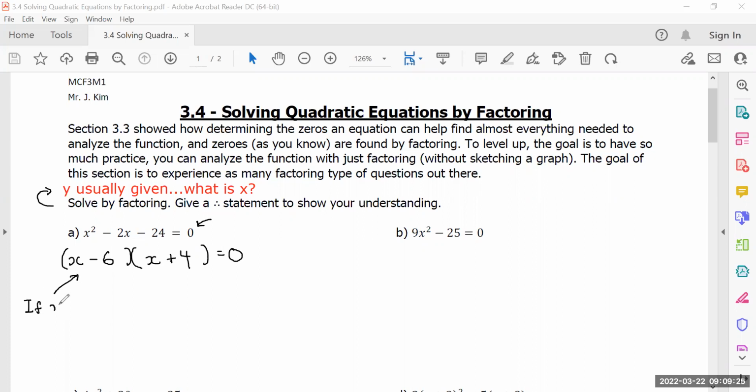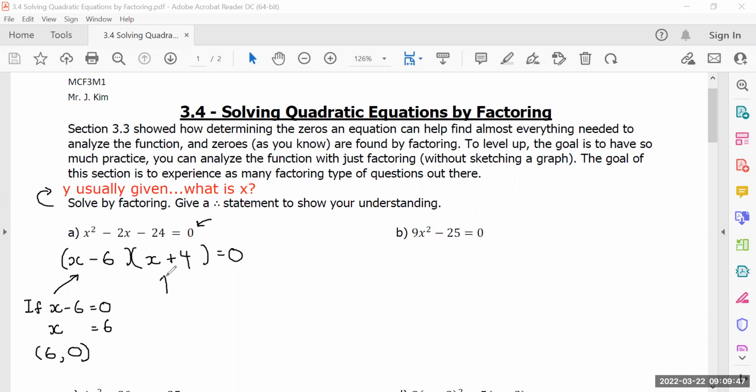If x minus 6 happens to be the 0, in other words, if this bracket was the 0 that makes the product a 0, x would have to be a 6, which means when x is a 6, my y value is a 0. Right?